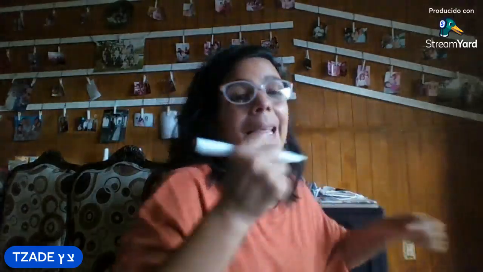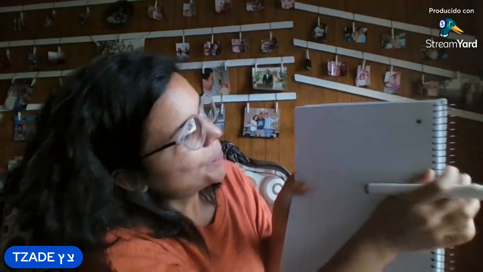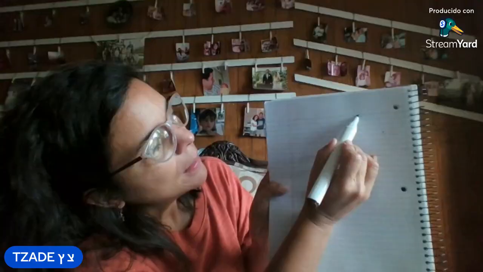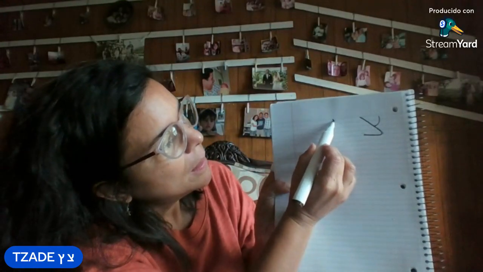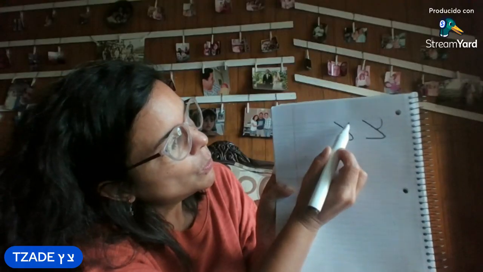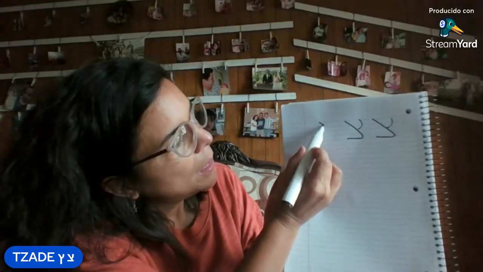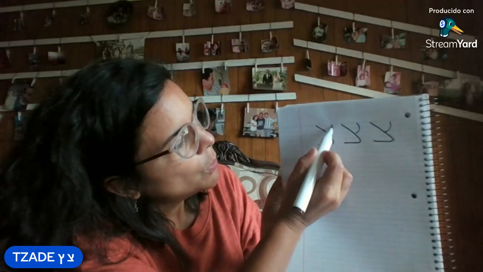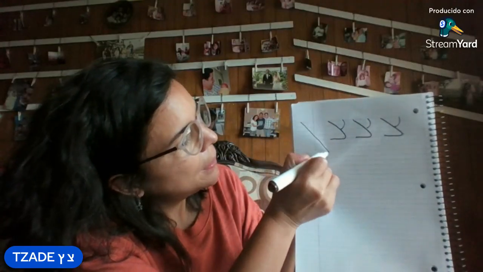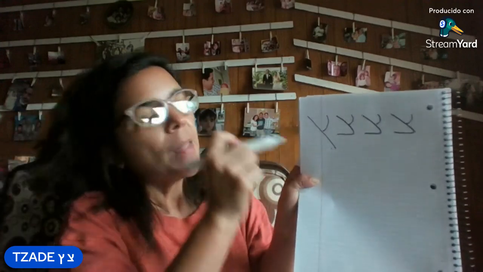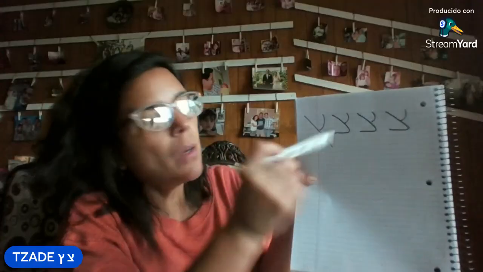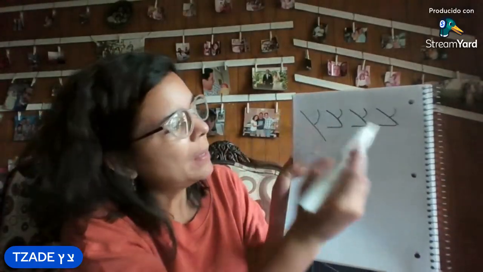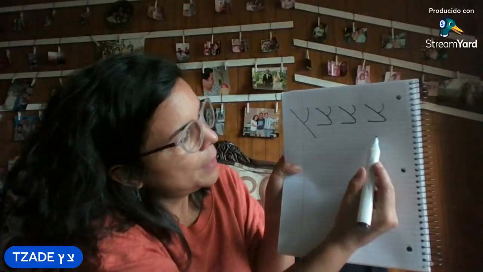Okay, so now we write the beautiful Tzade. Print letter. 1, 2, 3. One more time. 1, 2, 3. Then the final. This is very important. The final Tzade goes down the line. And then we have cursive.